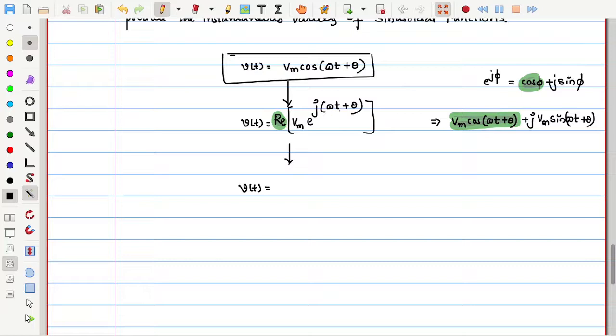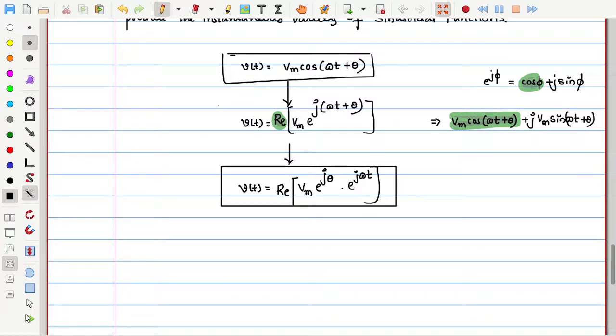So let me take one more step: Re of Vm e power j theta, first term, into e power j omega t. This is the direct step actually. So this is the simplified version so far.